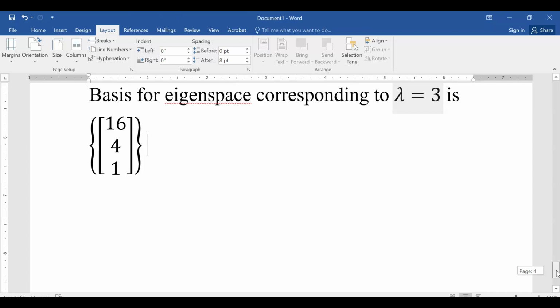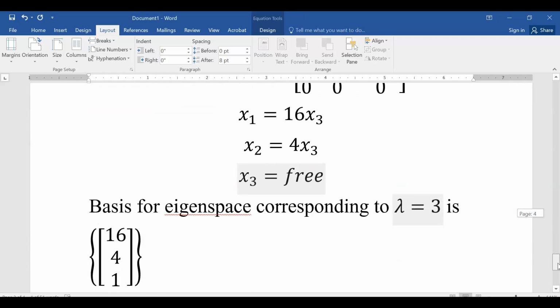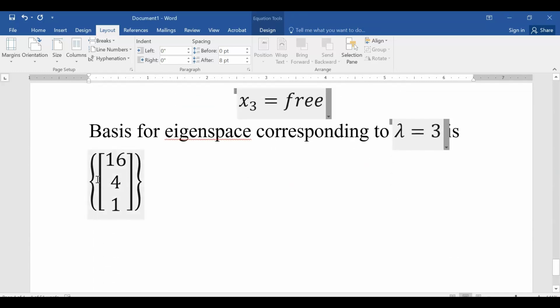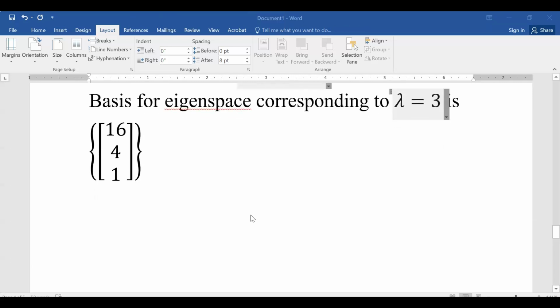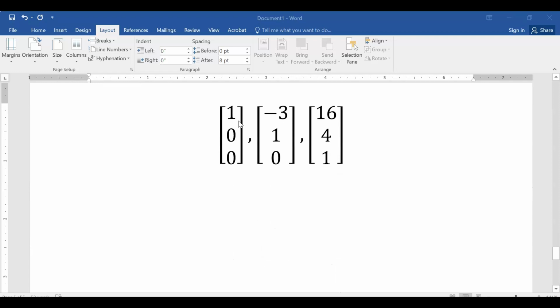With an eigenvalue of 1, we got the vector negative 3, 1, 0. And with an eigenvalue of 3, we got the vector 16, 4, 1. So let's collect all those together. I did that here: 1, 0, 0, negative 3, 1, 0, 16, 4, 1.